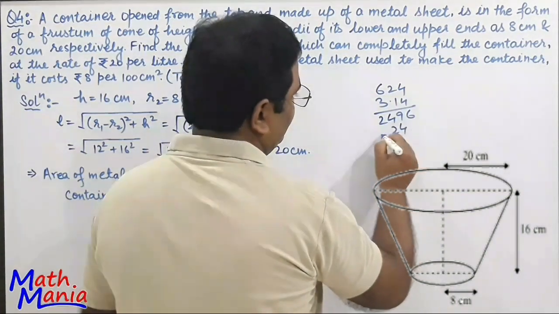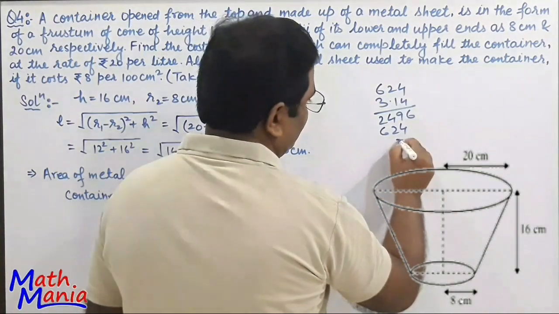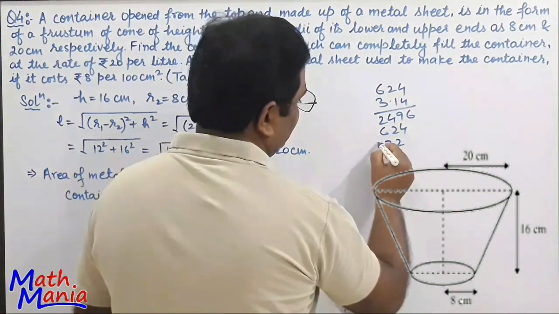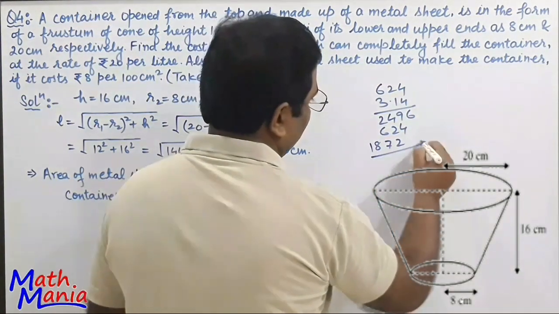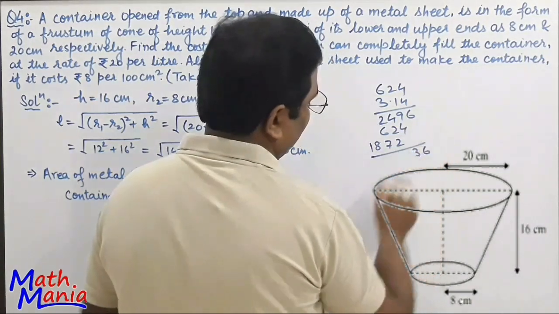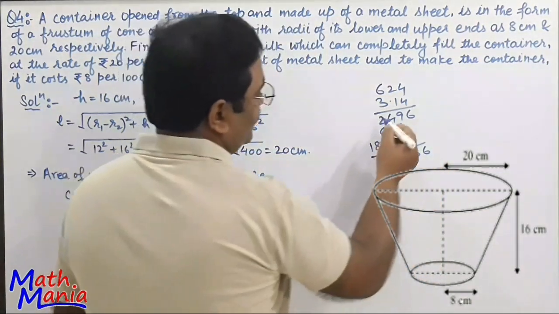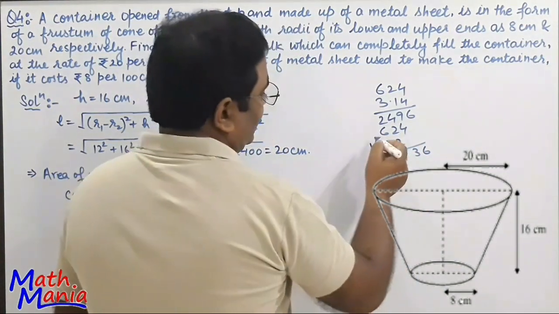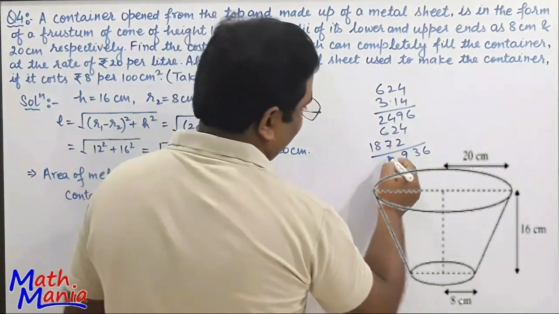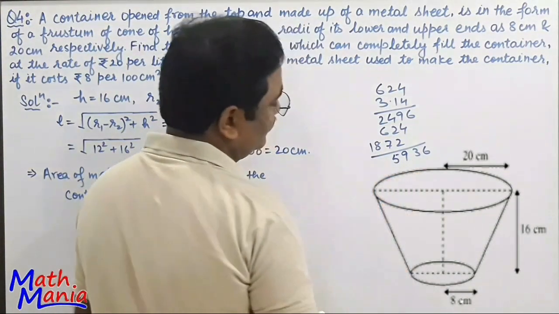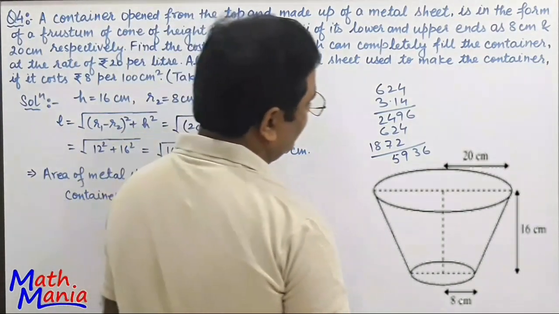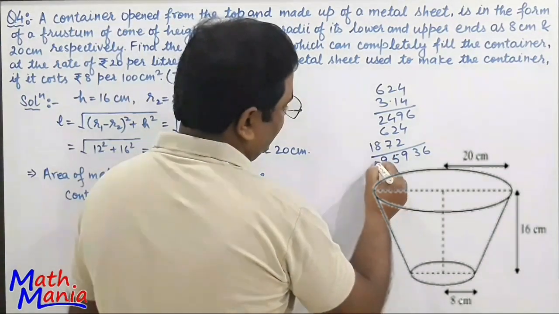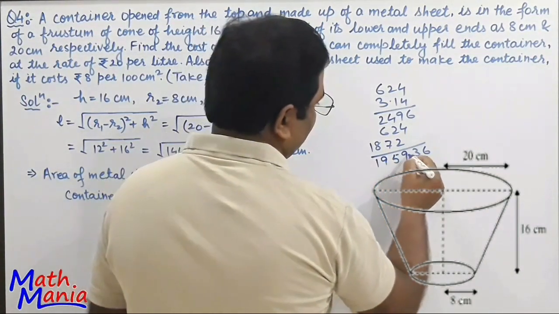Now 3 4s are 12, 3 2s are 6, 1 7, 3 6s are 18, and so on. Adding, the decimal is here.